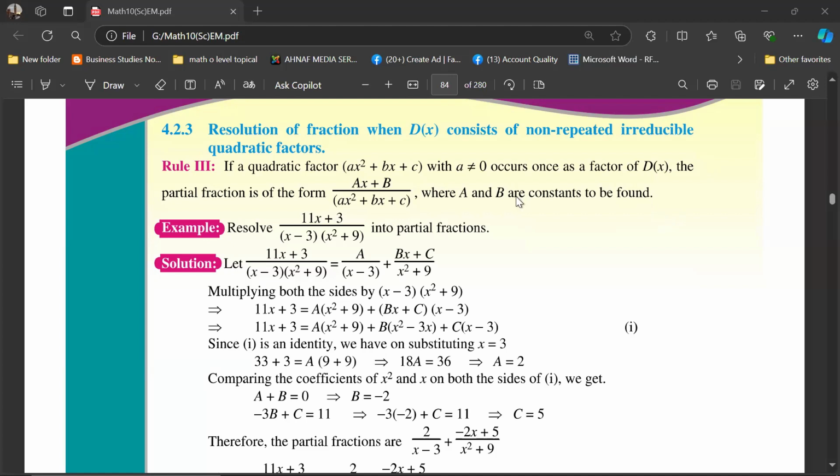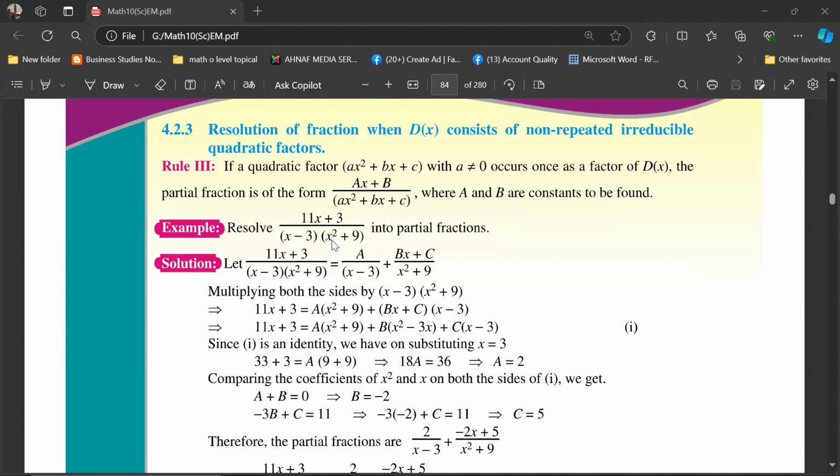The linear factors are the factors which contain the power of the variable as 1, like in this example x raised to power 1 is there. And we have another factor that will be quadratic, meaning the highest power of x will be 2, and those would not be able to be factorized, meaning they will not be reducible to linears.